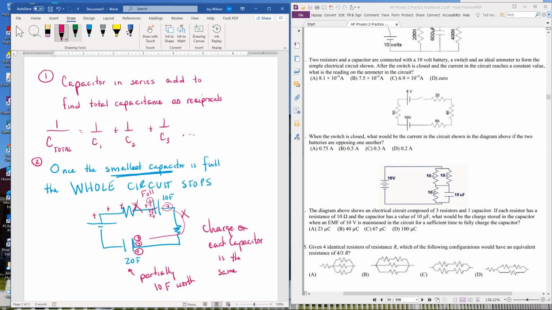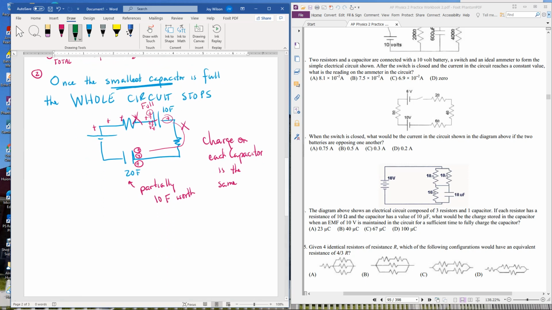Now a lot of people think that it would be okay if we could fix it by doing this. Put the 20 here. Still do your resistor down here, put the 10 down here. But realize it's the same problem. So as the positive charges come over here and start to fill this one up, every charge on this plate is matched by a charge on that plate.